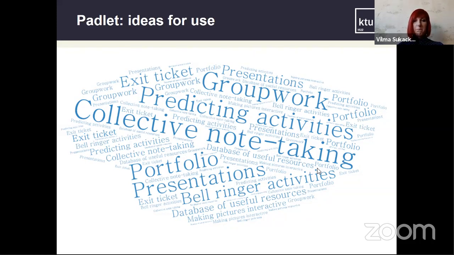Also, I would use Padlet as an exit ticket exercise, and this is a nice exercise that you can use with your students. Tell them to imagine a scenario where their colleague, their friend, skipped the class. They were not able to attend the class. How would the students explain the essence of the class, the key information, in just 3 or 5 sentences?